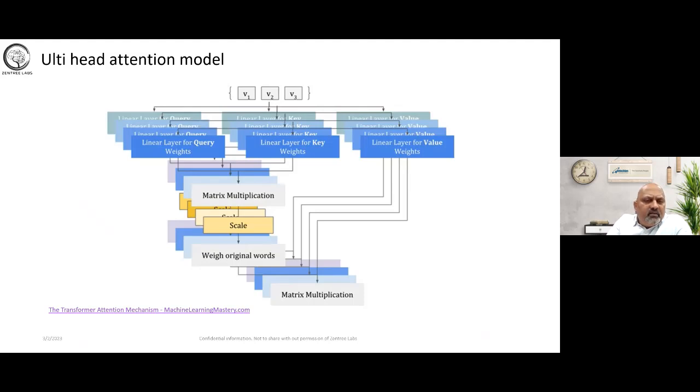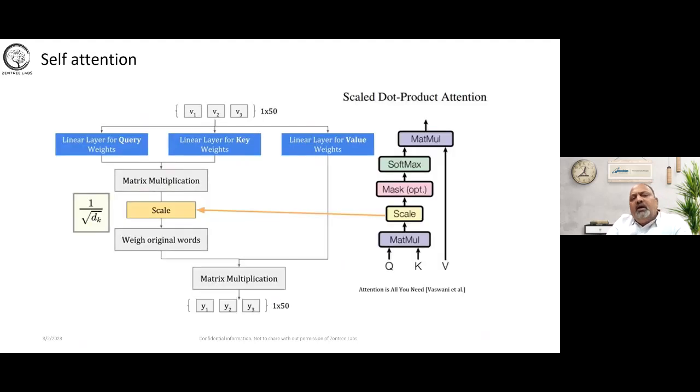Now this is a single head self-attention model. To summarize, you have a sentence, and for each word you have word embeddings.